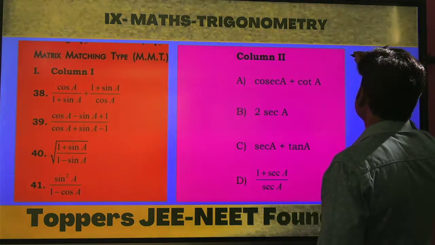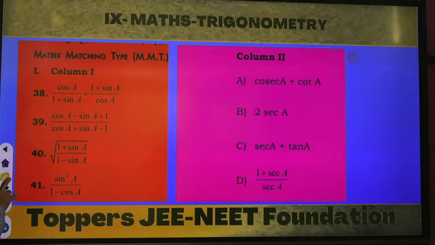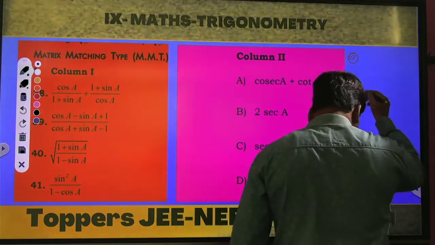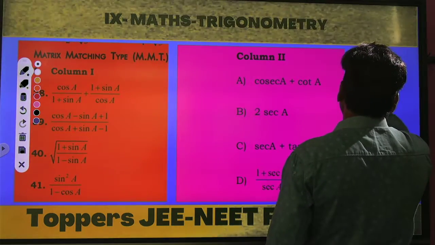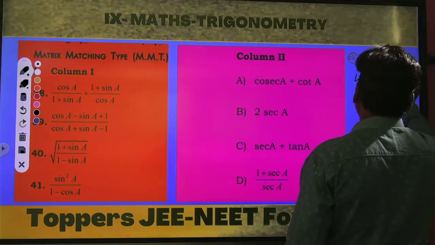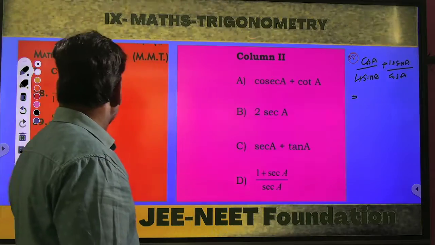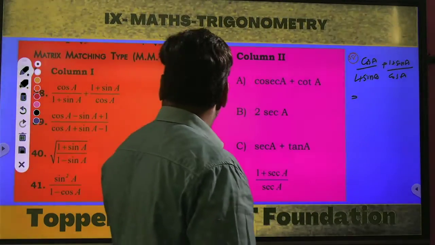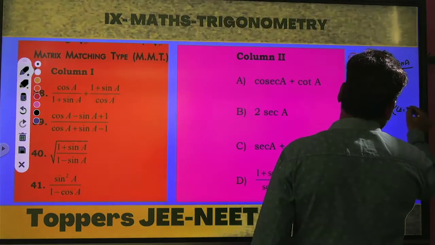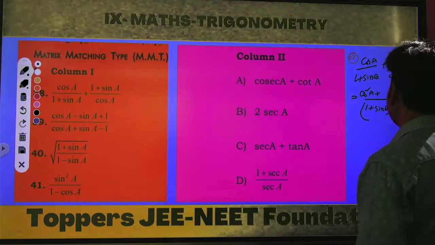First one, let us take cos A by 1 plus sin A plus 1 plus sin A by cos A. Now let us take the LCM of denominators in the given two fractions. 1 plus sin A and cos A, the product is the LCM: 1 plus sin A into cos A. Now cos A into cos A, cos square A, plus 1 plus sin A whole square.